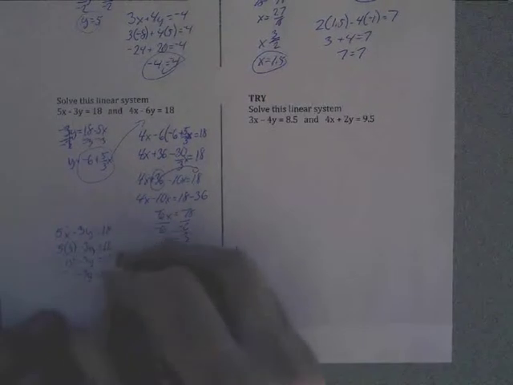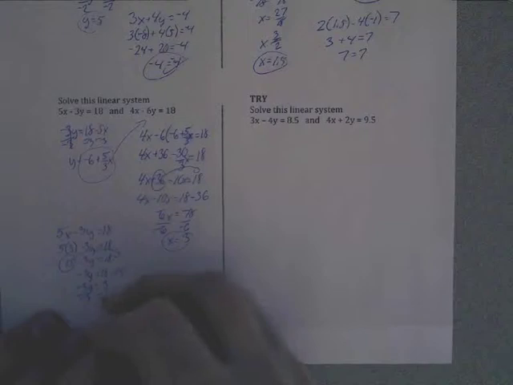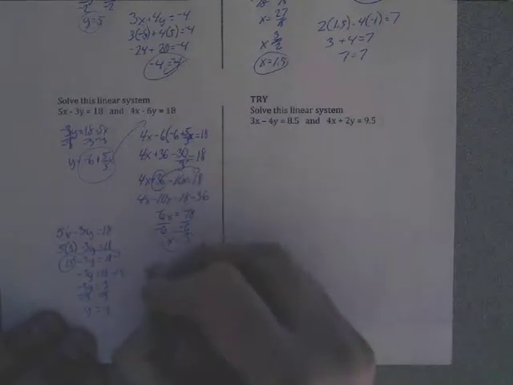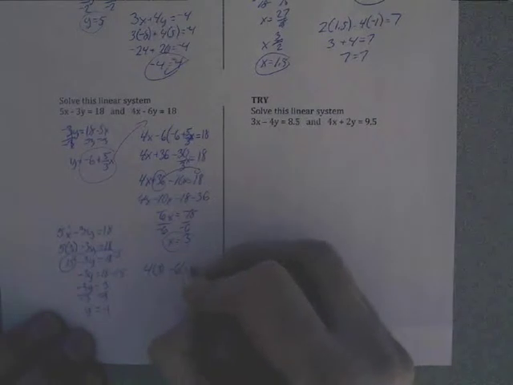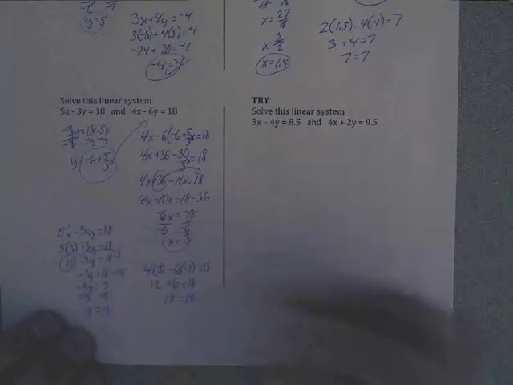I'm going to take it on the other side. When it crosses the equal sign it becomes negative. Negative 3y is equal to 3. Divide by negative 3, divide by negative 3, y is equal to negative 1. Plug in the other equation, so 4 times 3 minus 6 times negative 1 is equal to 18. 4 times 3 is 12. Negative 6 times negative 1 is plus 6 is equal to 18. 18 is equal to 18.